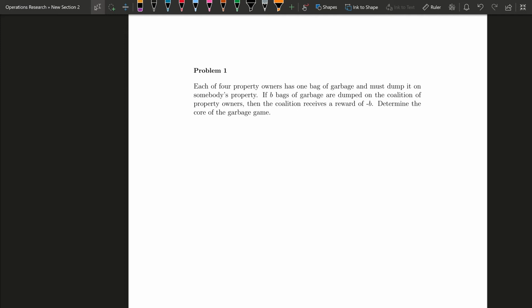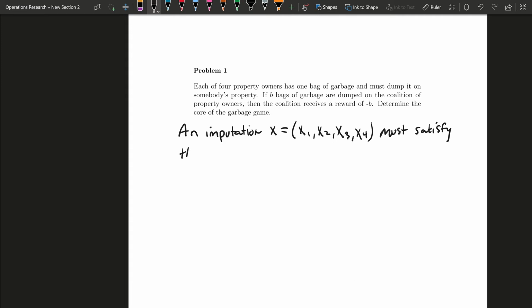So we know here that any imputation x is going to be x1, x2, x3, and x4, or the reward for each of these 4 players, and it is going to satisfy some inequalities.